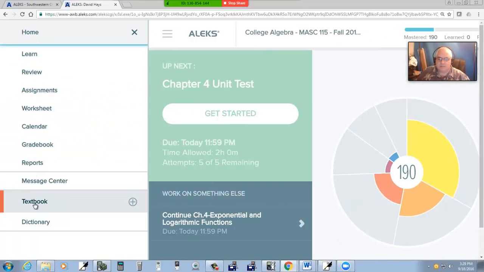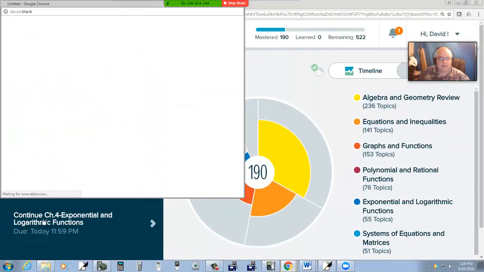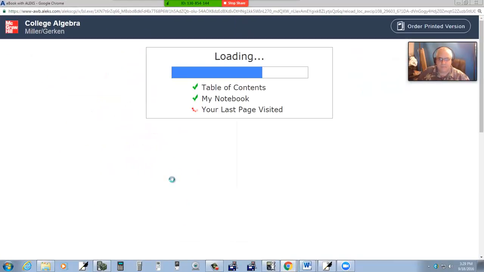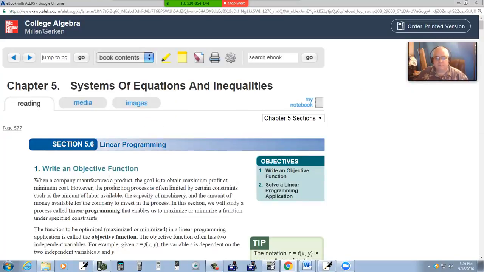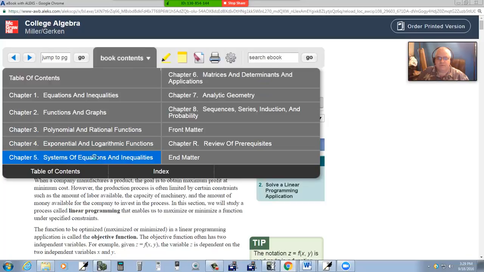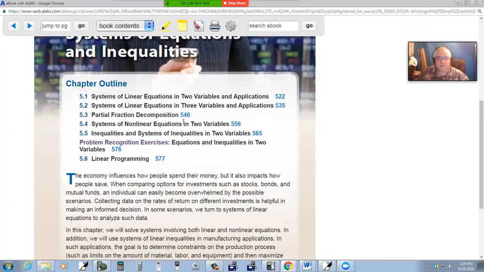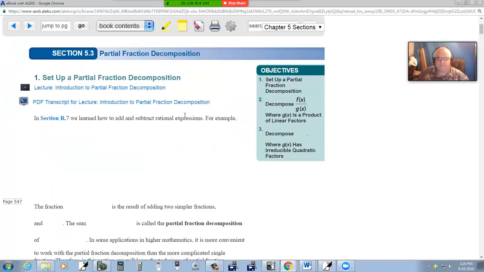And then bring up the textbook, and go to chapter 5. And we're talking about partial fraction decomposition.